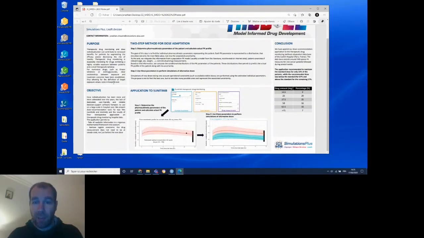And with that information, we're able to simulate a virtual patient as exactly the same one, where we are able to simulate new drug regimens corresponding to possible regimens in clinical care. So different doses, maybe sometimes different interdose intervals, to be able to have a possible drug administration to the patient.